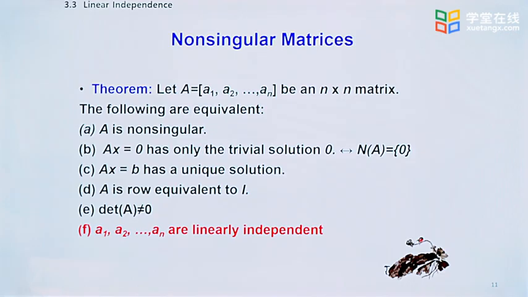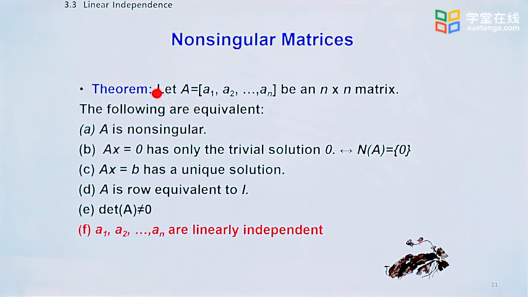Okay. Now we consider the equivalent characterizations for non-singular matrices. Let A be composed by n column vectors A1, A2 till An. Here it is an n by n square matrix. The following are equivalent. A is non-singular.